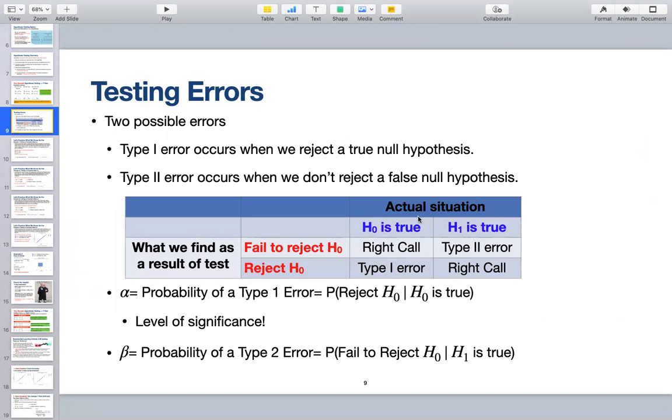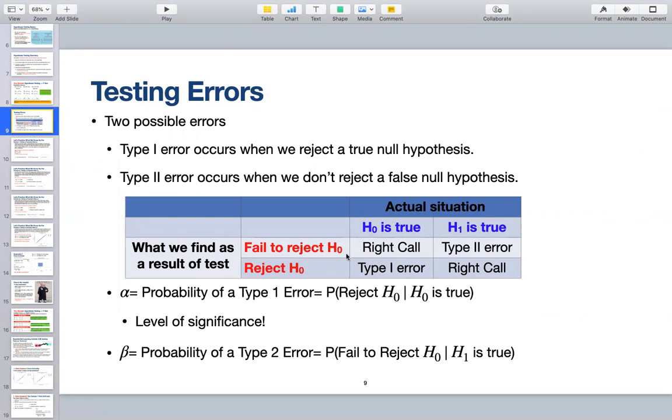That error will be if the actual situation is telling us that H0, the null hypothesis, is true, and we are rejecting it, we are obviously making an error. Let's assume that I am testing the average height of college students, and I claim that it is equal to 175 centimeters.